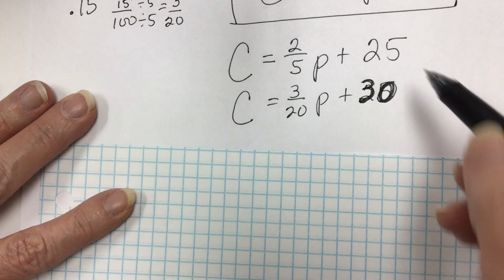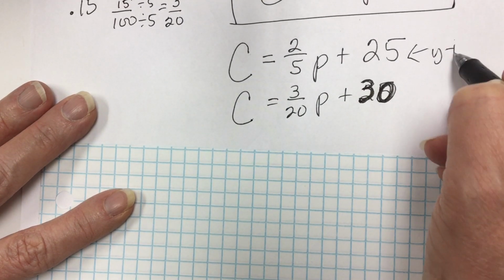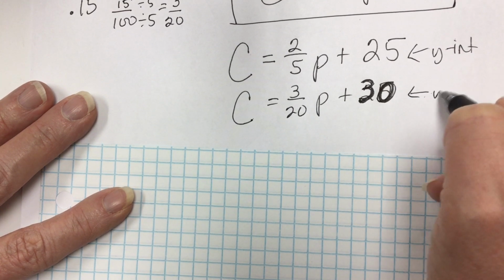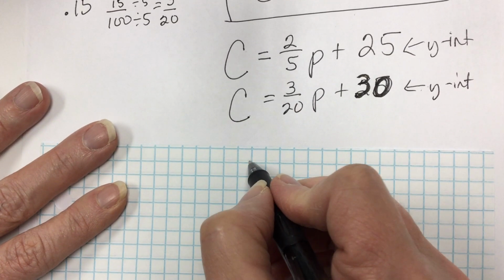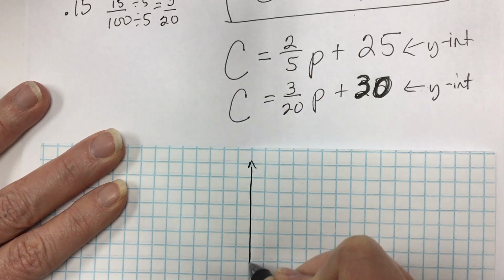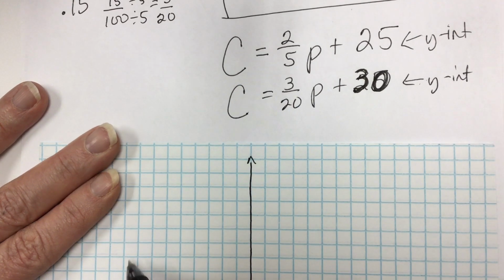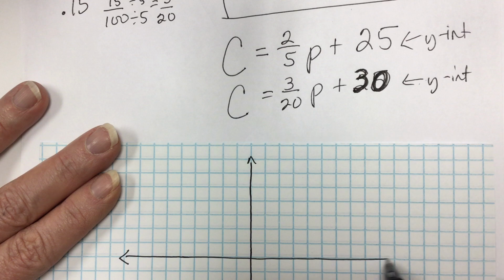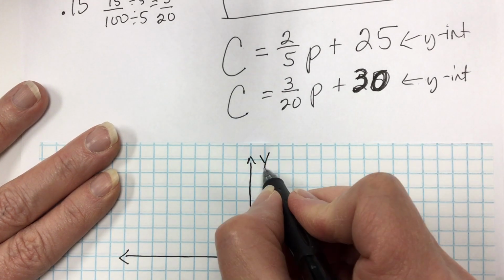So now, since my y-intercepts are so large, I'm going to let each little marking on my graph be represented by 10, okay? So I have my x-axis, my y-axis.